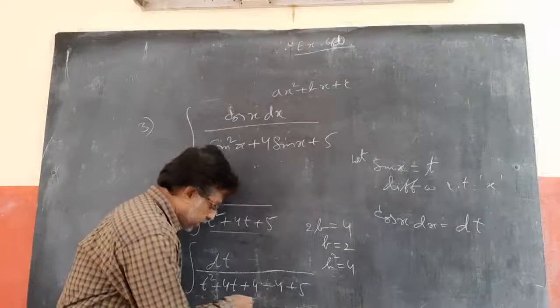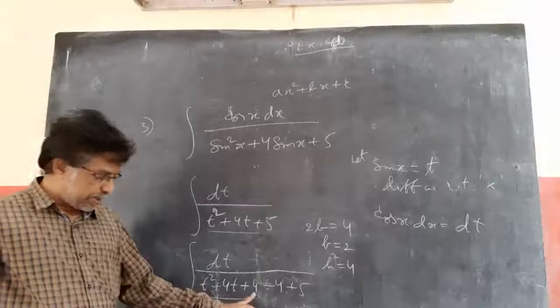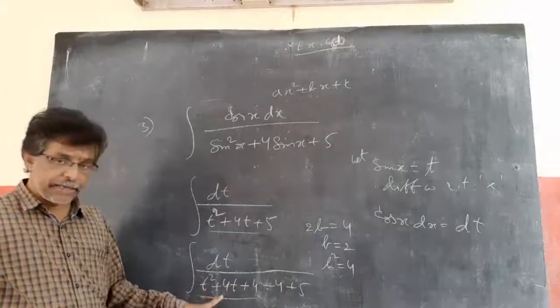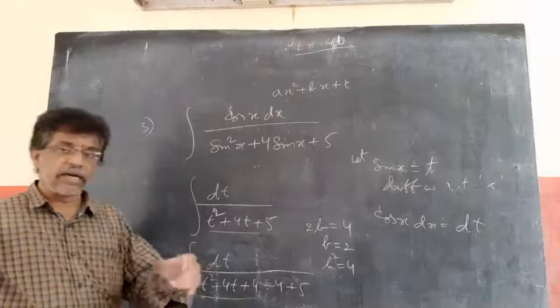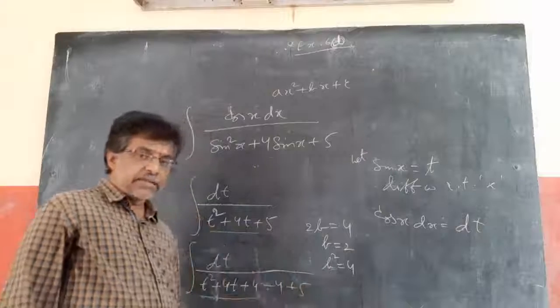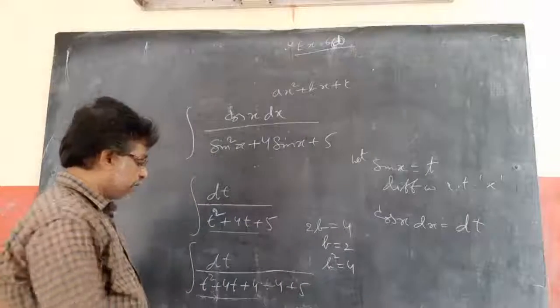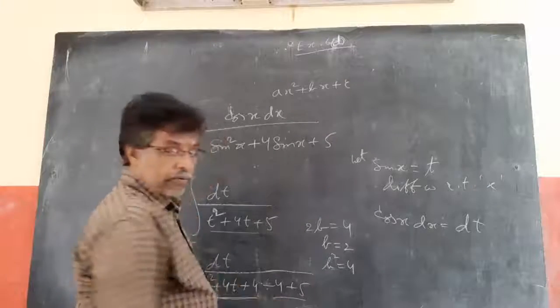So this is a plus b whole square: a square, t square, plus b square, 2 square, plus 2ab, 2 into t into 2, 4t. So for completing square, take b, add b square, subtract b square, and automatically this is a plus b whole square. This is 5 minus 4, 1.